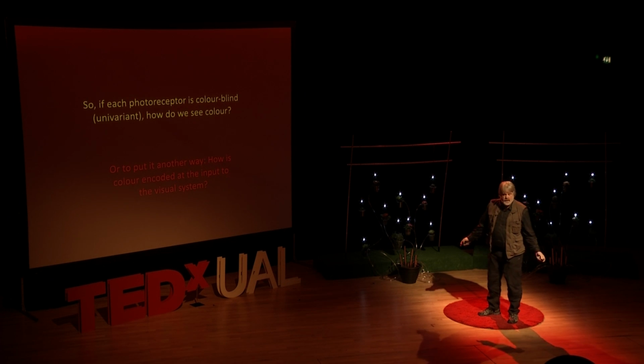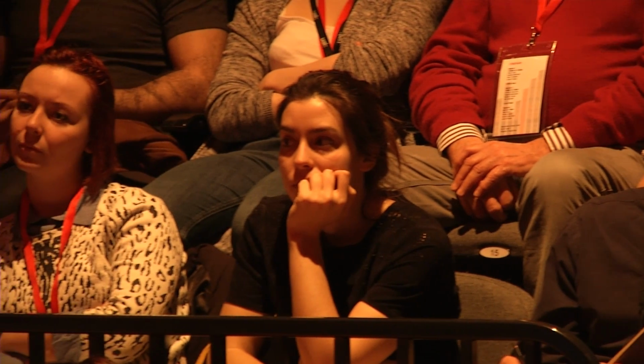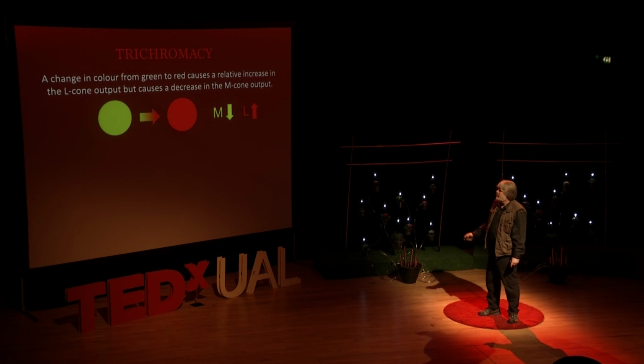So if each photoreceptor is colourblind, how do we see colour? Or how is it encoded by the visual system? Well, if a light changes from green to red, then because the M cones are less sensitive to red, the M cone signal goes down, but the L cone signal goes up.